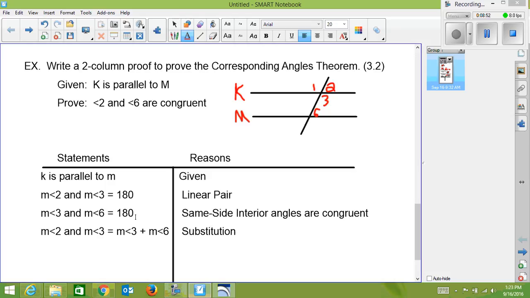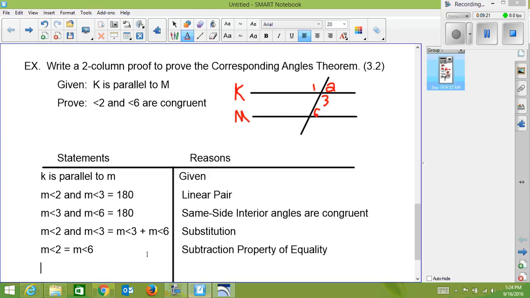That's how I did that. So then measure of angle 2 equals measure of angle 6. How do I know that? Subtraction property of equality. I subtracted 3 from this side and 3 from this side, and I'm left with 2 and 6.